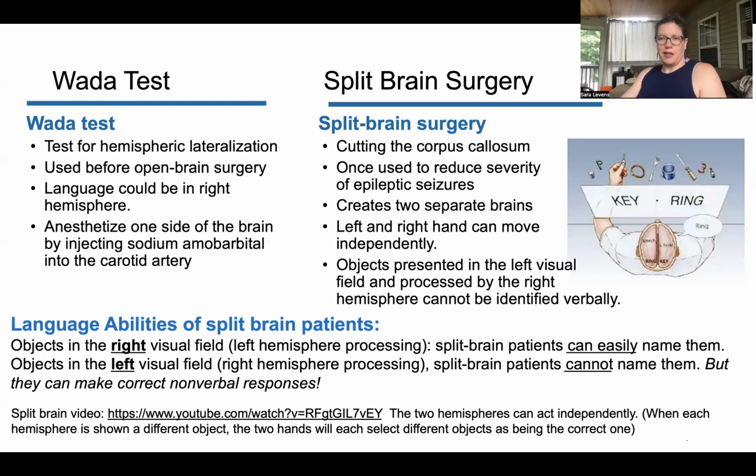Now, the other element of lateralization is that they used to do split brain surgery. This is where you would cut the corpus callosum that unites the two hemispheres so that they can communicate. This was once used to reduce the severity of basically intractable epileptic seizures, often grand mal seizures that would spread from one hemisphere to the other.